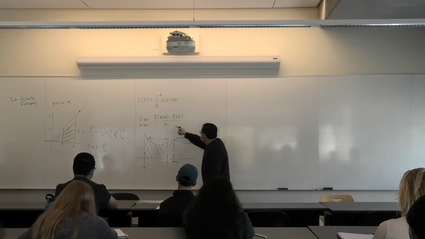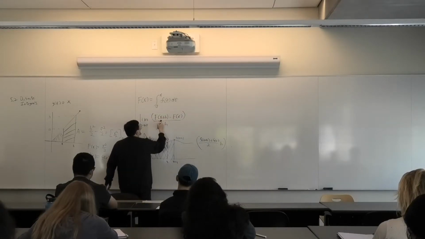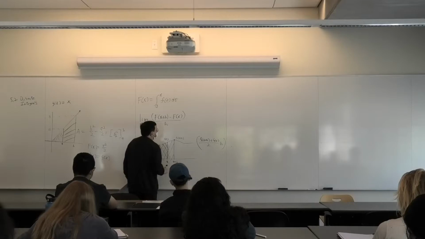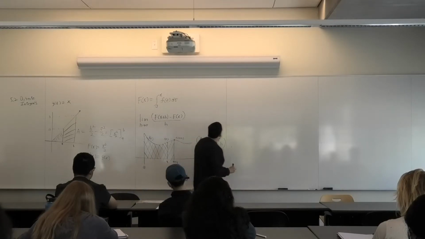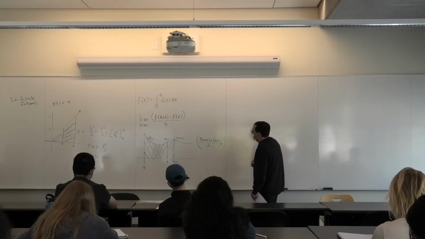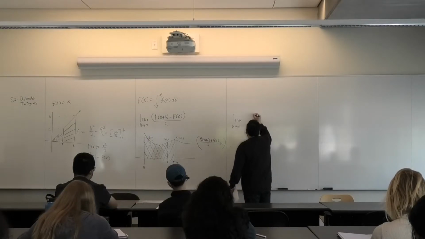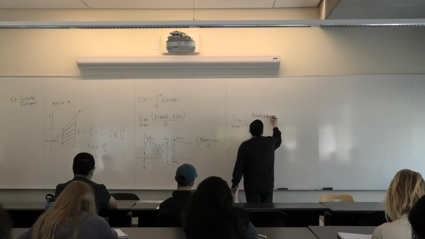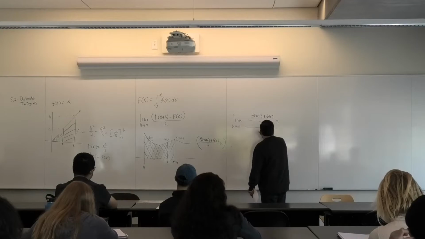So this is an approximation for capital F of x plus h minus capital F of x. So if I substitute that in, what do I get? I get the limit as h approaches 0 of f of x plus h plus f of x over 2 times h over h.